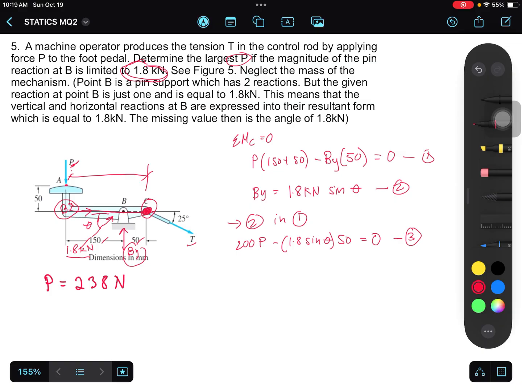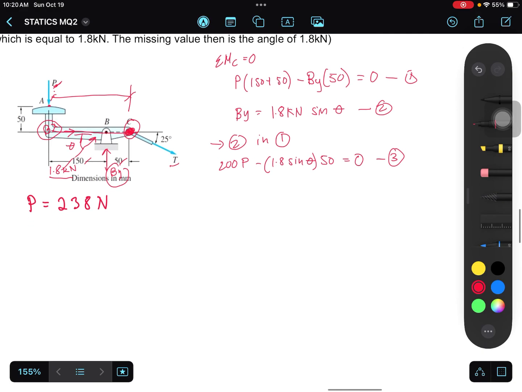I need some more equation para makuha, dahil dalawa pa yung unknown ko. So, ano tayo? Summation of forces along x. Ano yung mga along the x-axis? It is T and Bx. So, T is going to the left, right?